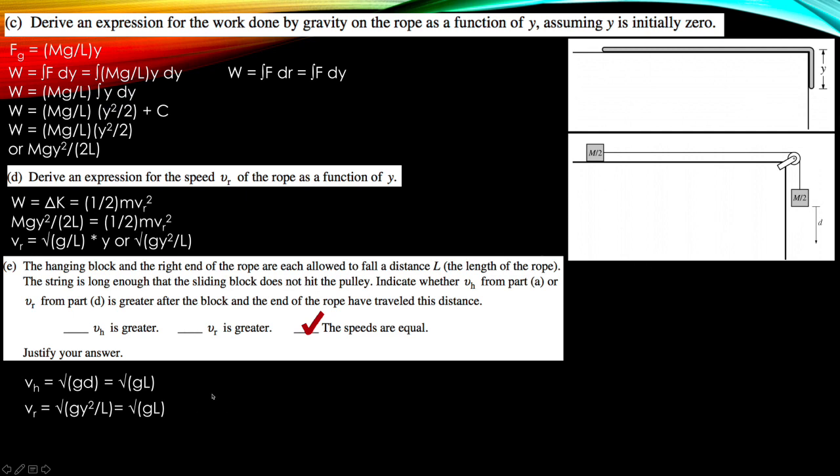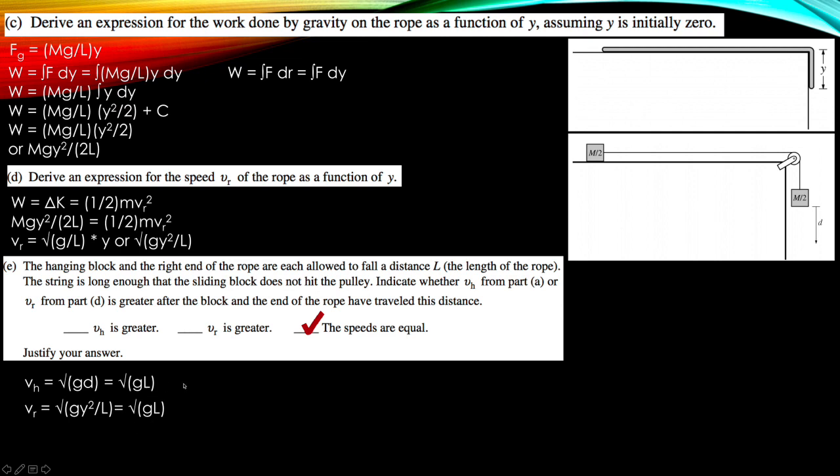Well, we have this equation for v_R here. That's the equation of the velocity of the rope, and I've written that here. We found in a previous part that v_H is equal to the square root of g d, which, if you plug in L, is equal to the square root of g times L. In this one, if you plug in L here, it's L squared over L, which is just L, so this whole thing is the square root of gL.